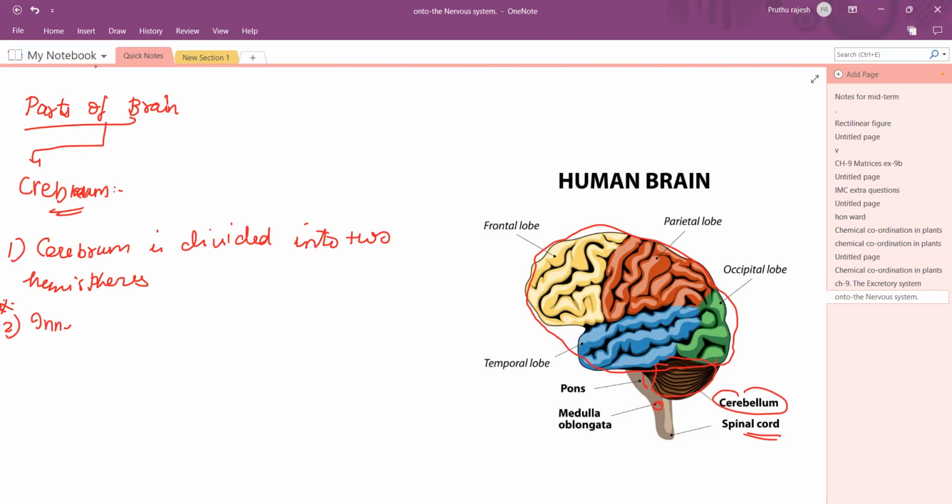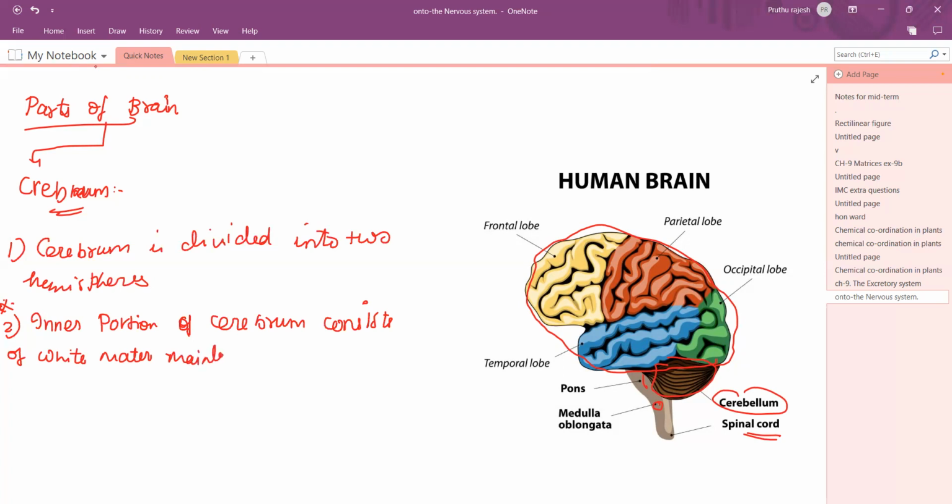The inner portion of the cerebrum consists of white matter, mainly the nerve fiber axons.